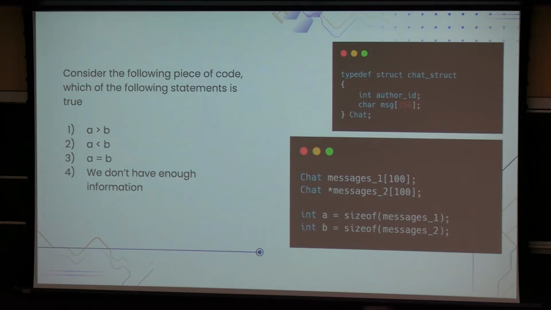Basically, for B, we point to an array, and when we point to an array, we point to the first cell of the array. Right, so you're just pointing to the start of the array, versus in the first one, we're pointing to the whole array.